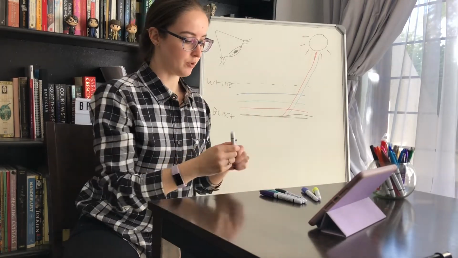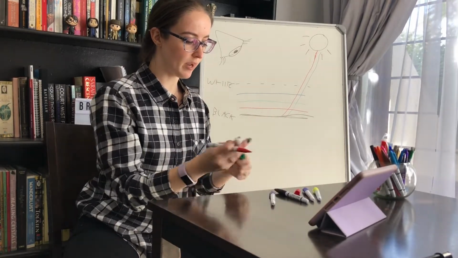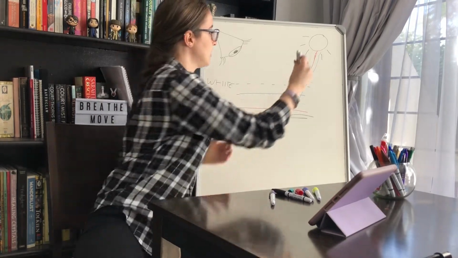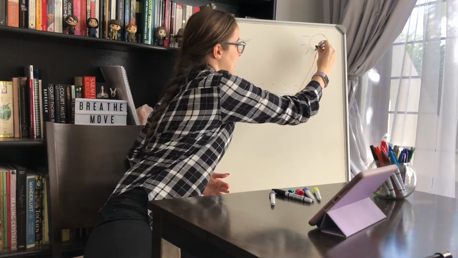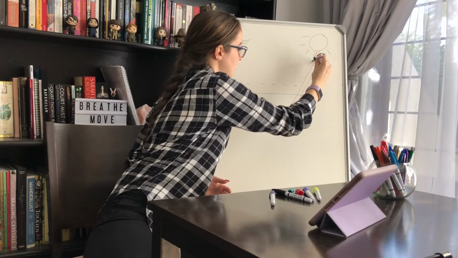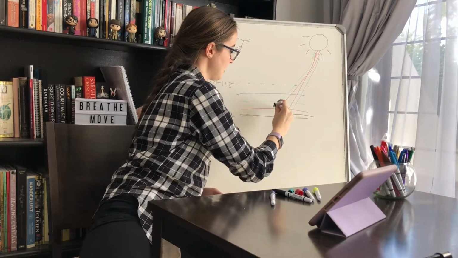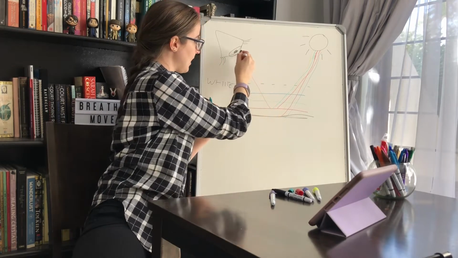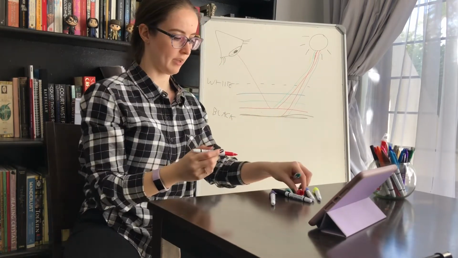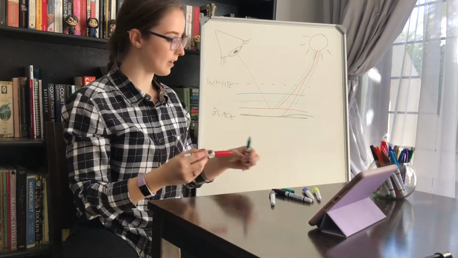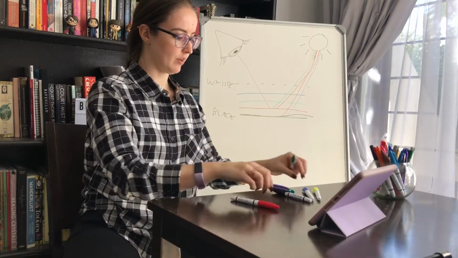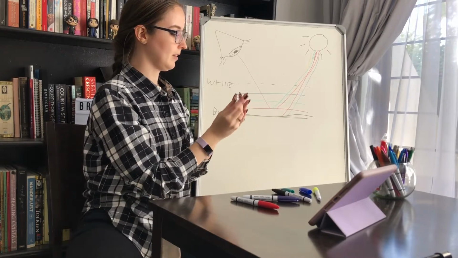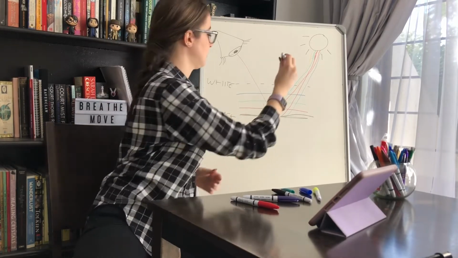But if we do the red one, for example, we'll do just the red and the green for now. We've got the red and the green light coming from the sun, hits the red, the green light is absorbed in the red, and the red light goes back into the human eye. Same with the green. Let's do green and blue. I hope this makes sense.